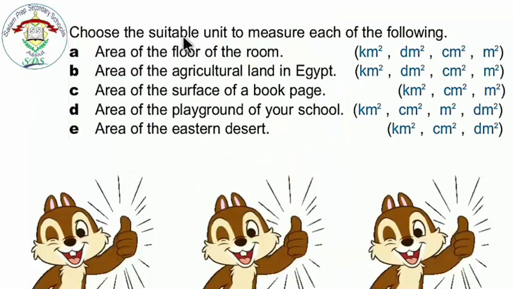Choose the suitable unit to measure each of the following. The first one, area of the floor of the room. Square kilometer: kilometer we know is used to measure distance.